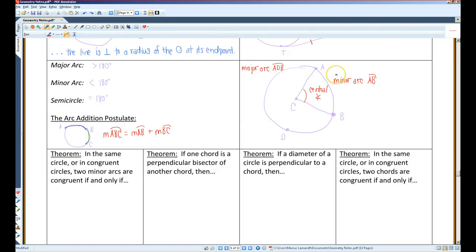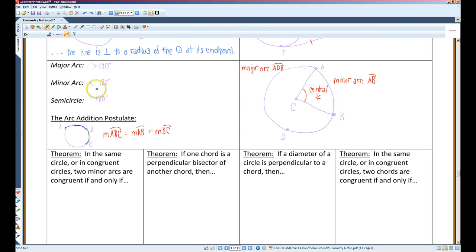A central angle of a circle is an angle whose vertex is on the center of the circle. In this diagram, angle ACB is a central angle of circle C. If angle ACB is less than 180 degrees, as it is in this case, then the points on circle C that lie in the interior of the angle form a minor arc with endpoints A and B. Okay, so because it's less than 180, it's a minor arc.